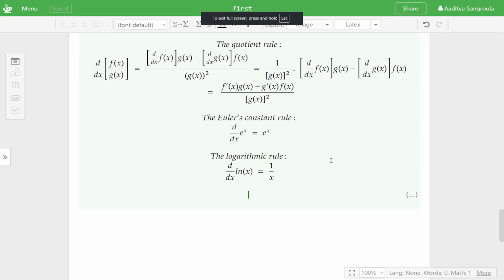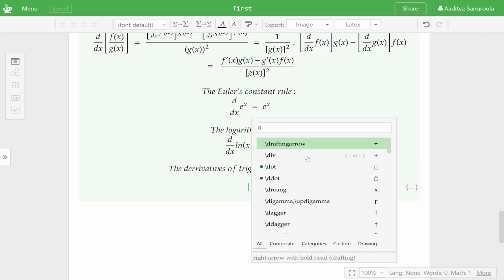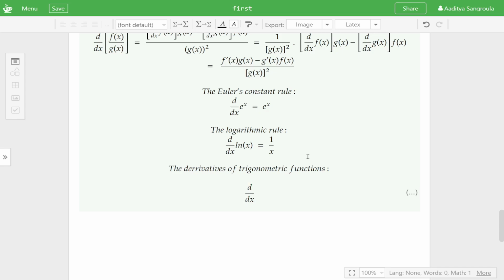Now the derivatives of trigonometric functions. d/dx of sin x is cos x. The derivative of cos x is minus sin x.